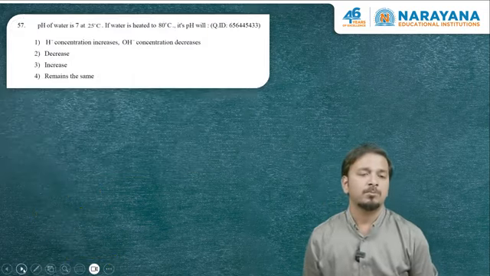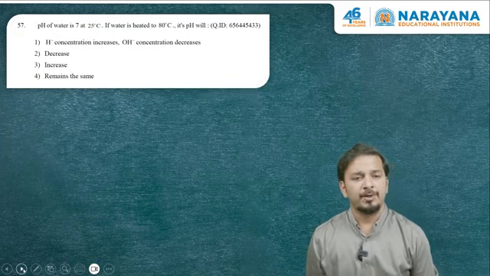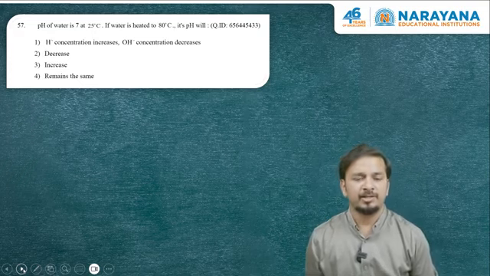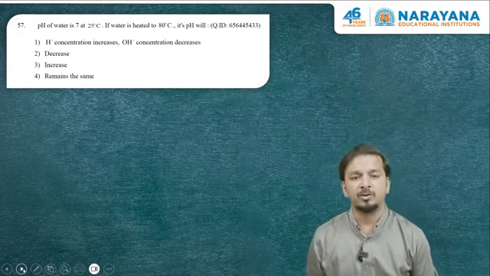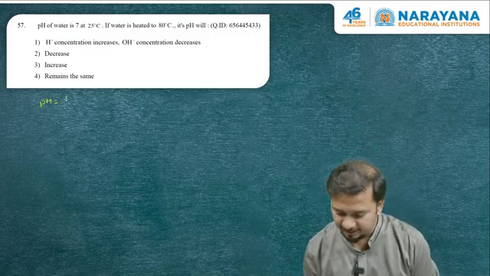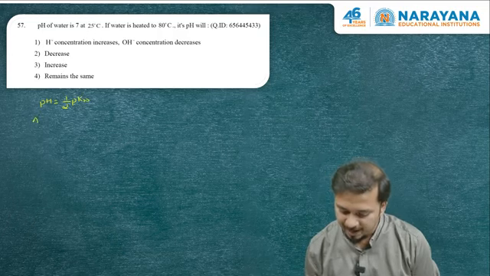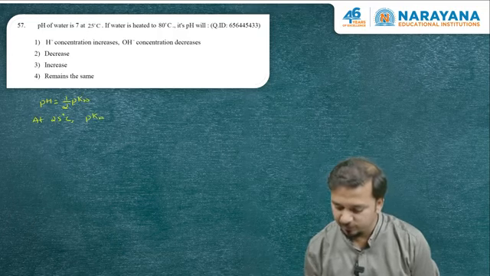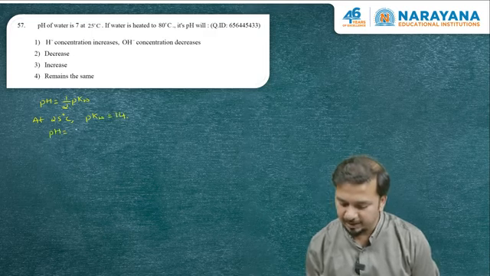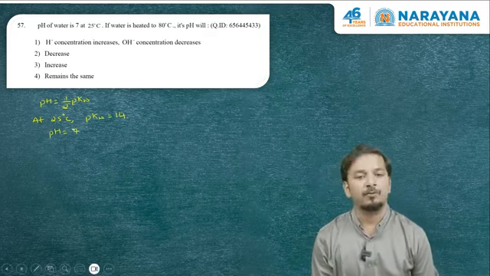Moving to the next question, question 57. The pH of water is 7 at 25 degree centigrade. If water is heated to 80 degree centigrade, its pH will. We know pH for water is equal to half of pKw. At 25 degree centigrade, pKw is equal to 14. That is why the pH of water at room temperature is half of 14, which is 7.